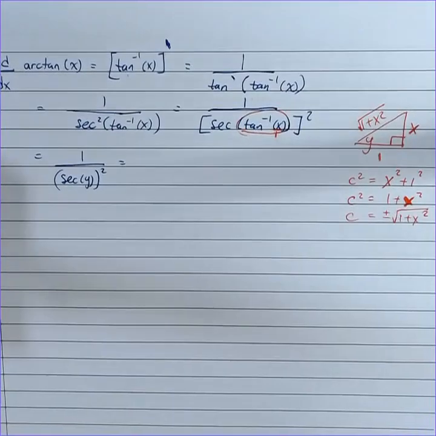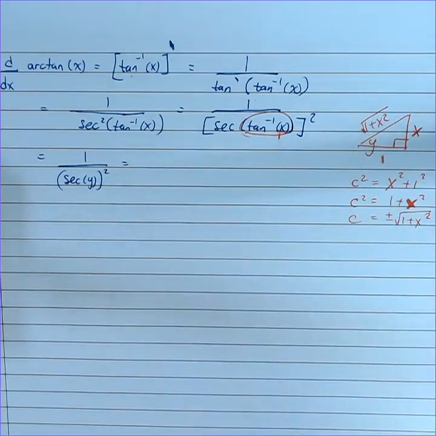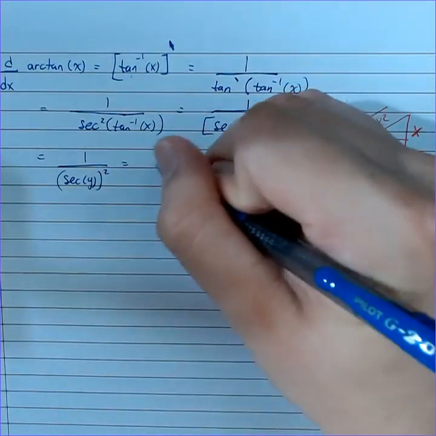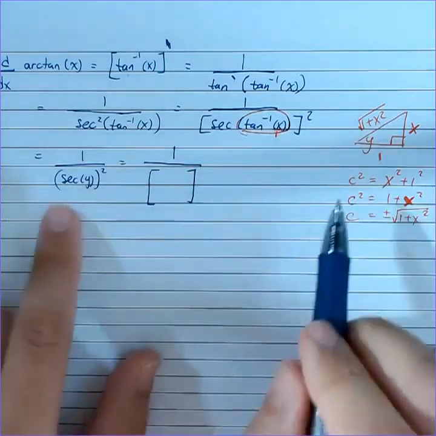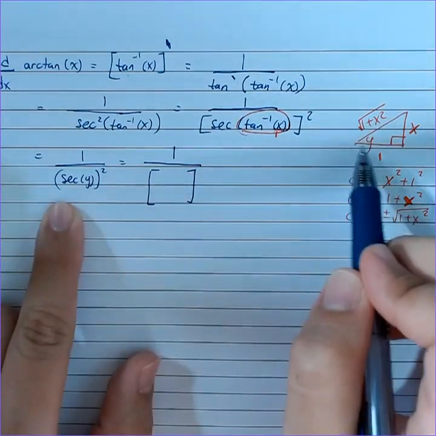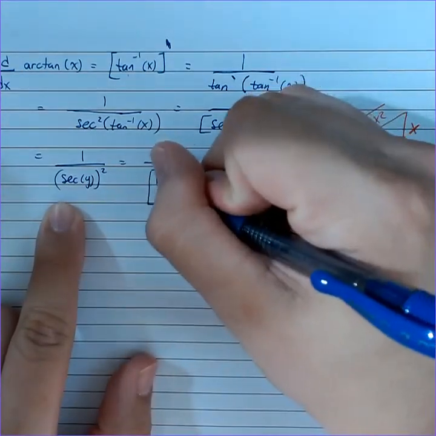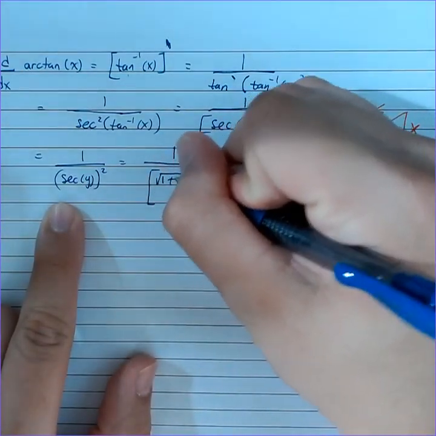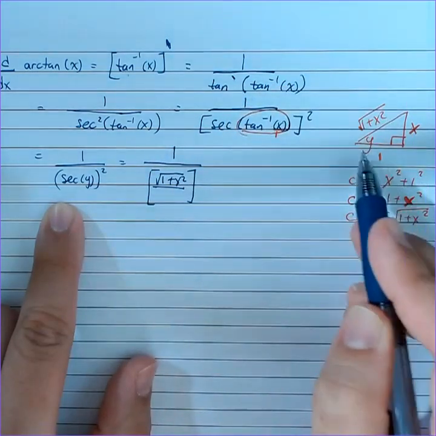Oh, but going back to our basic trigonometry, we know that the secant of y can be thought of as the length of the hypotenuse divided by the length of the adjacent side. Okay, so that's going to be 1 over, and again, secant of y can be thought of as the length of the hypotenuse divided by the length of the side adjacent to the angle y.